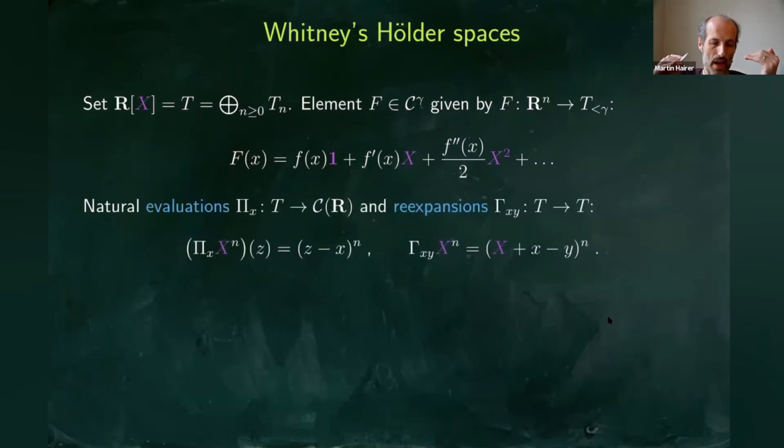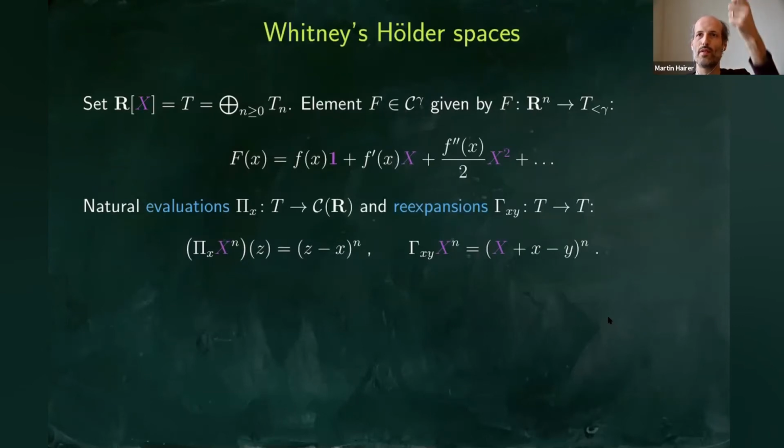And then there are two natural operations here. On the one hand, I have a natural evaluation map, or rather a collection of evaluation maps. If I take this purple X, which is just an abstract symbol here, I want to view it as the argument of a Taylor monomial. But Taylor monomials are always monomials in x minus x naught, or if you want y minus x.